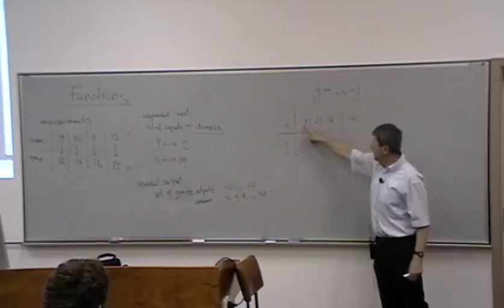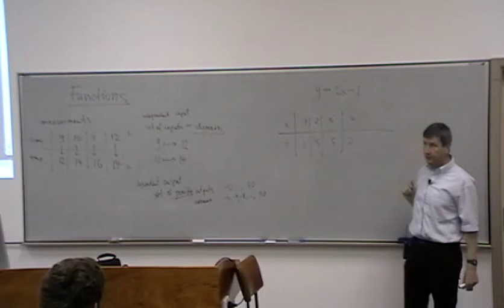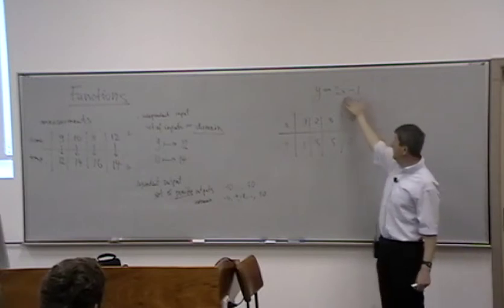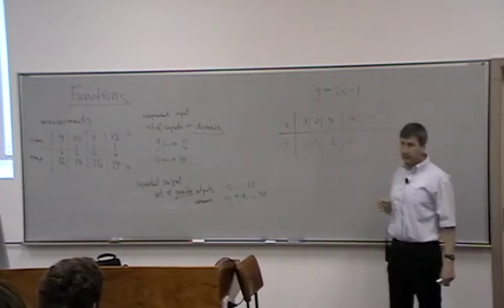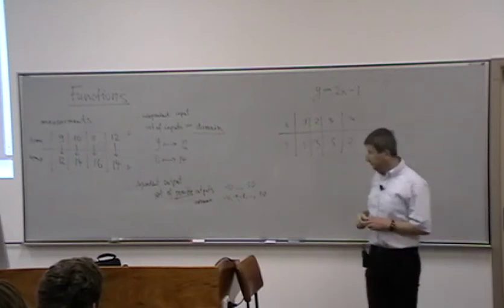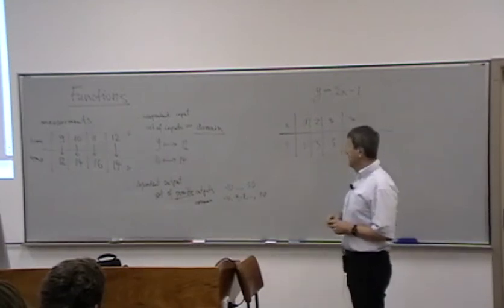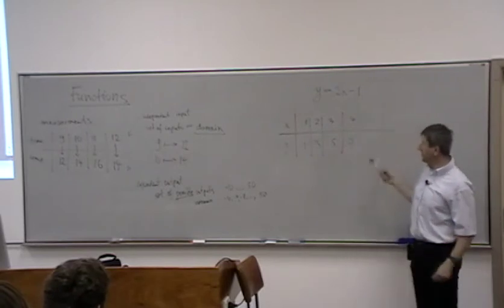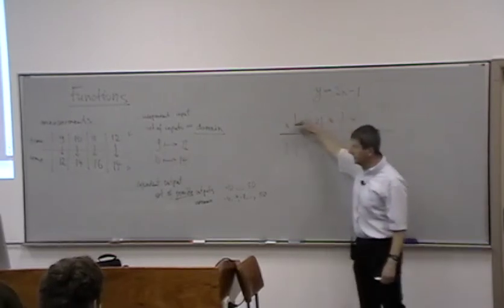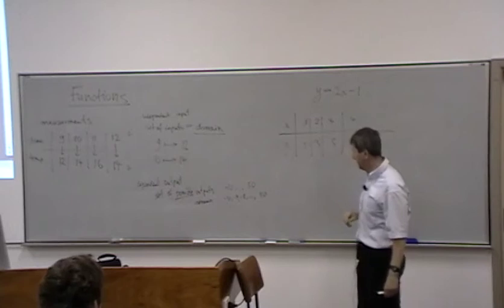It can be not only the 4 numbers which I wrote down here, but any real number gives me an output. So we can use formulas as opposed to tables to even consider functions which have an infinite set of inputs, an infinite domain.